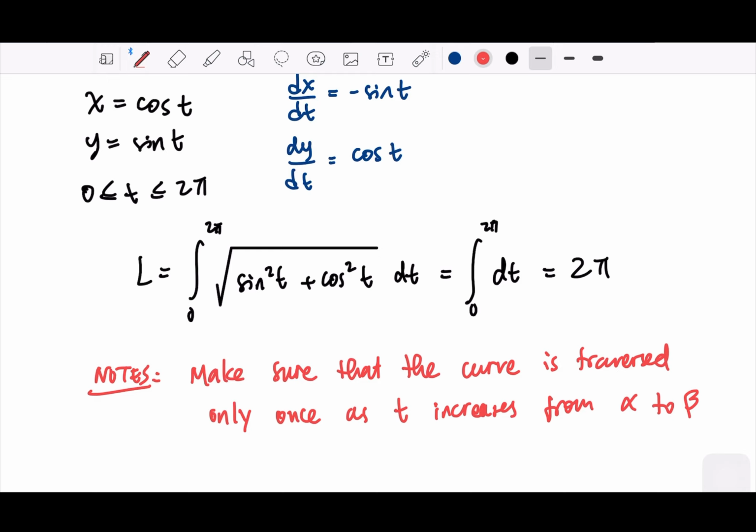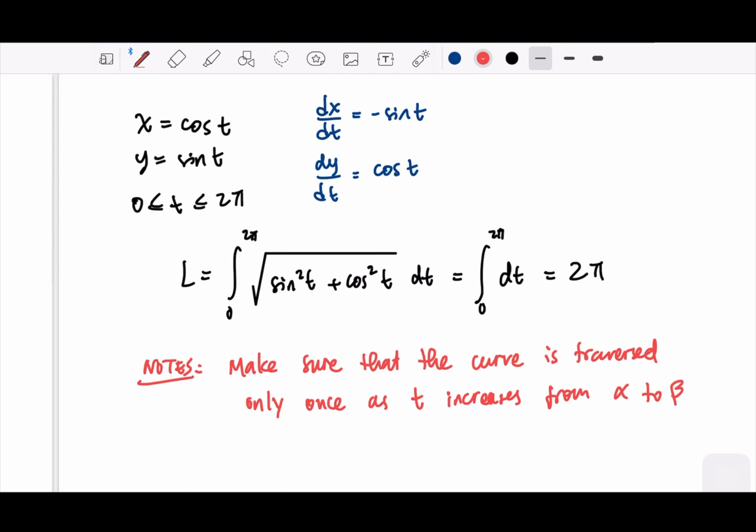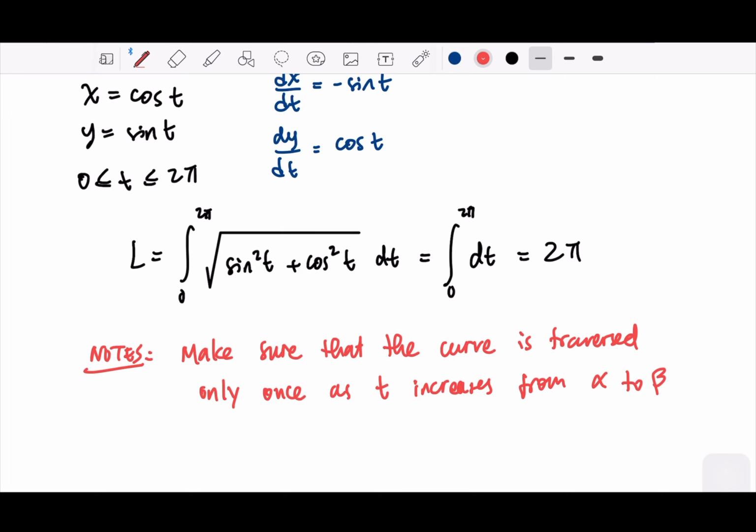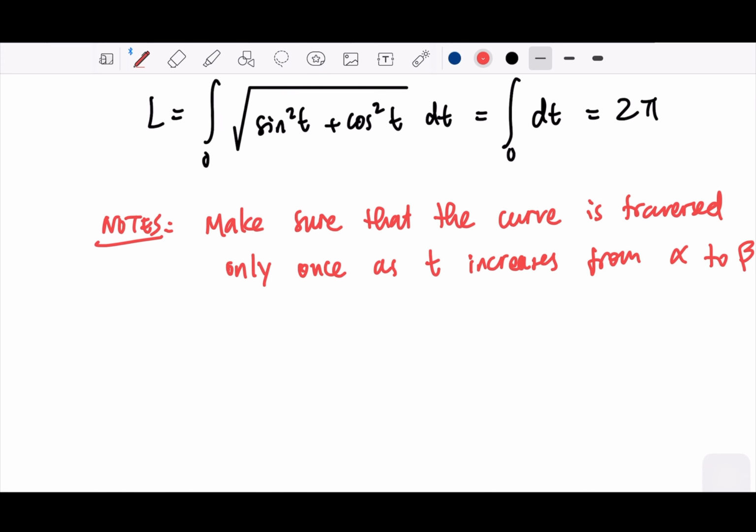Okay, aside from just the regular arc length, on calculus 1 we also learned about the arc length function. Okay. Let me write some notes here.